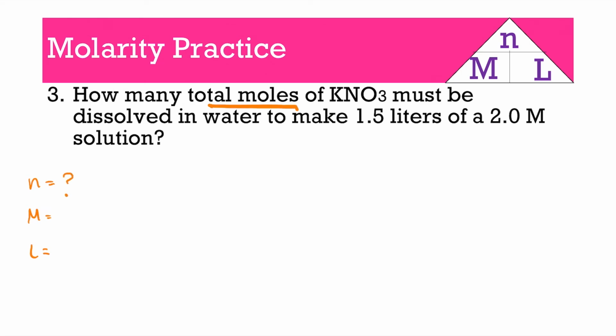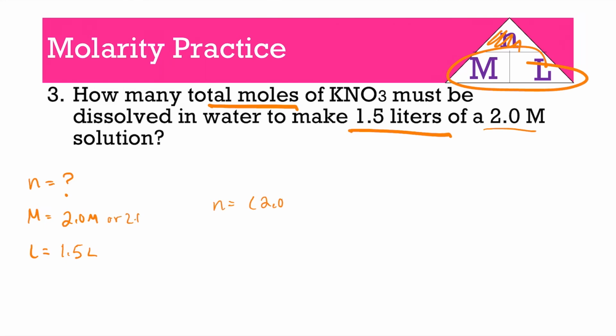Remember, moles is N because that makes so much sense. 1.5 liters, that is our volume, or the L. And then 2.0 molar, so 2.0 M. And we're looking for moles. So again, if we're looking for moles, you can go ahead and cross that out. And so it's molarity times liters.